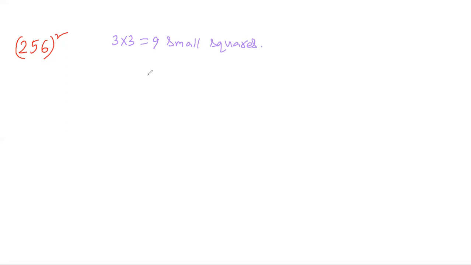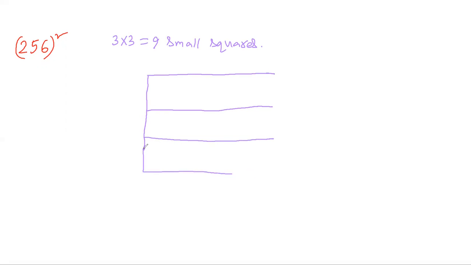In this way I'll draw one box containing 9 small squares, with 3 rows and 3 columns. So this is the box.